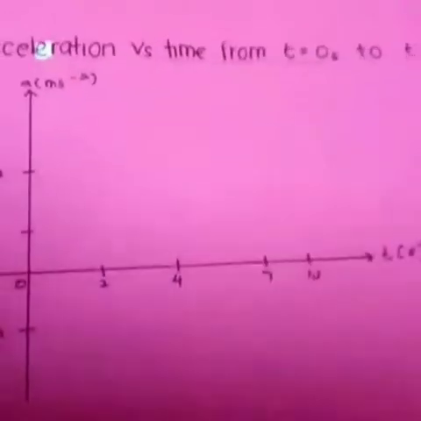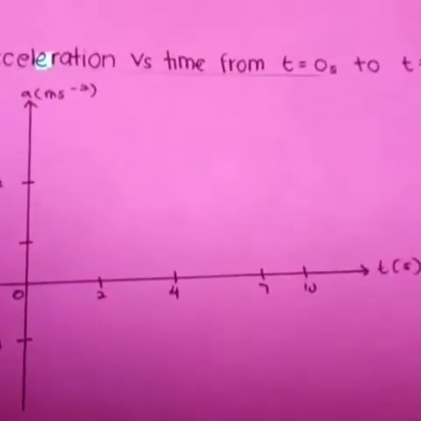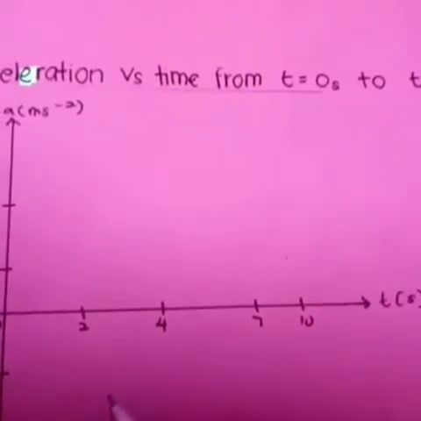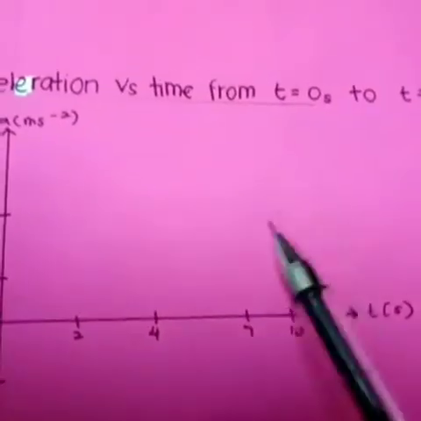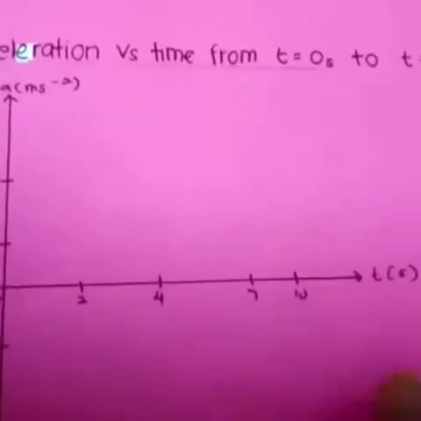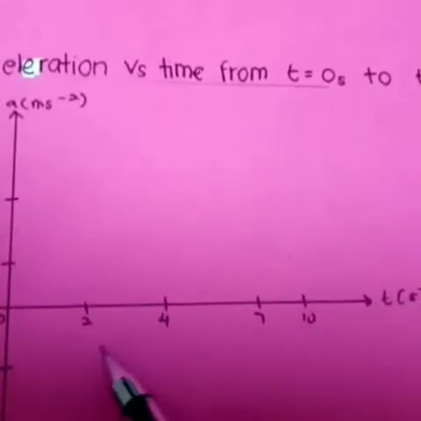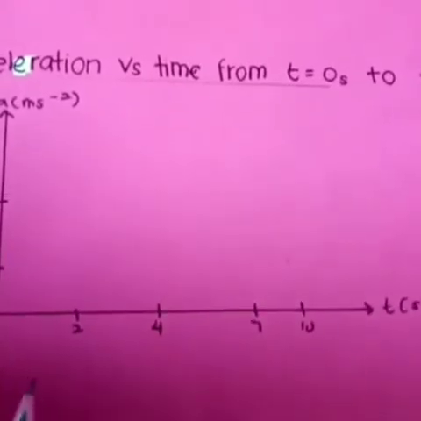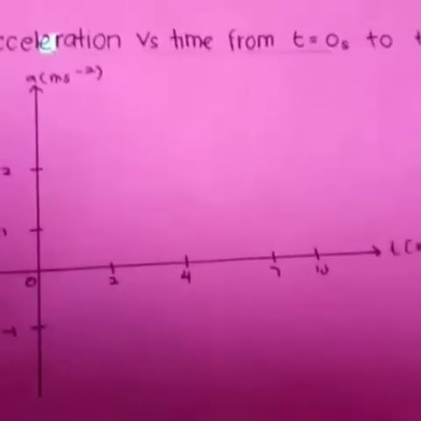Okay, for the last question, we need to sketch the graph of acceleration versus time. So based on the question before, we found the acceleration at 2 seconds, 4 seconds, 7 seconds, and 10 seconds. It is easy to sketch the graph.